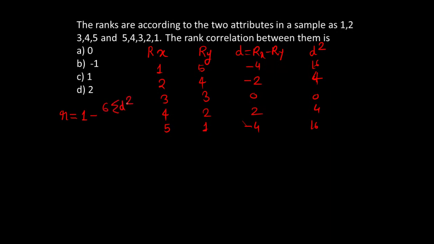So what is the formula? It is r equals 1 minus 6 times summation of d square upon n cube minus n. Here what is n? The number of data is 5. So we simply add these values. Sum of d square comes out to be 40, I think, right?